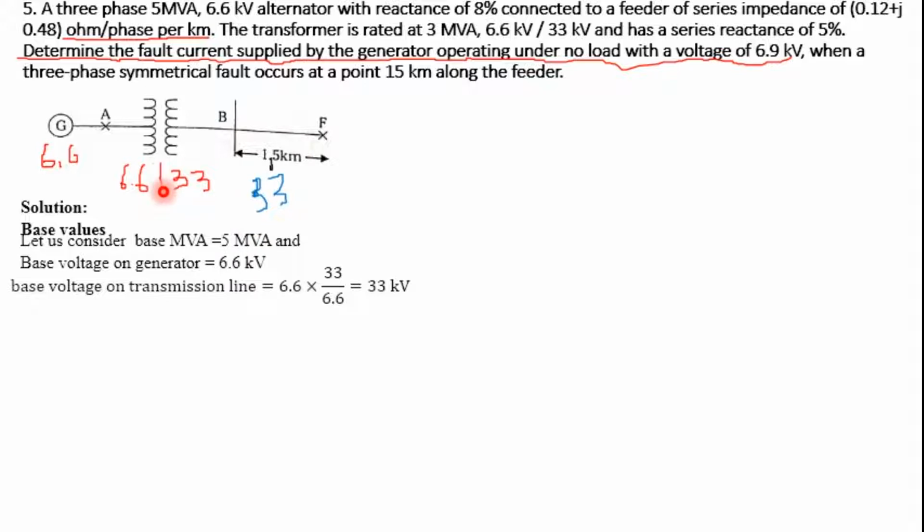Next we have to draw a reactance diagram. Before that, we have to calculate the reactance of the generator, transformer and the transmission line.